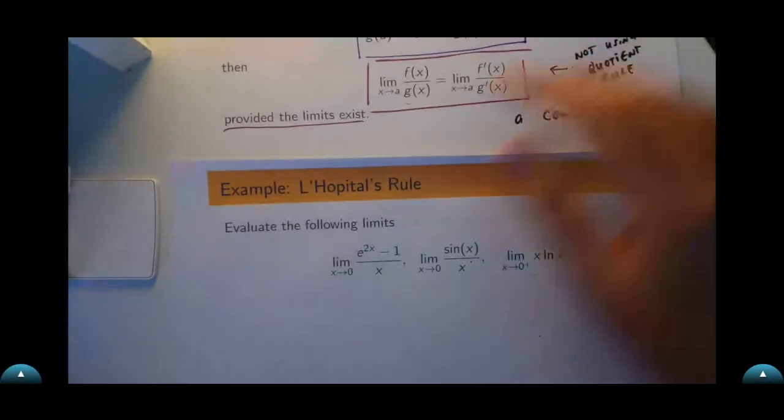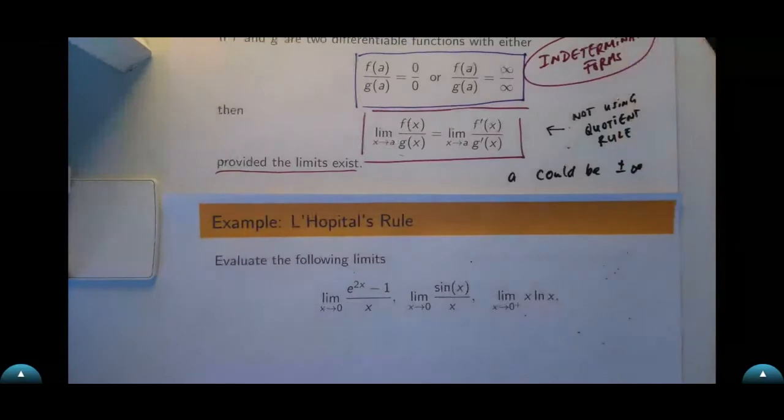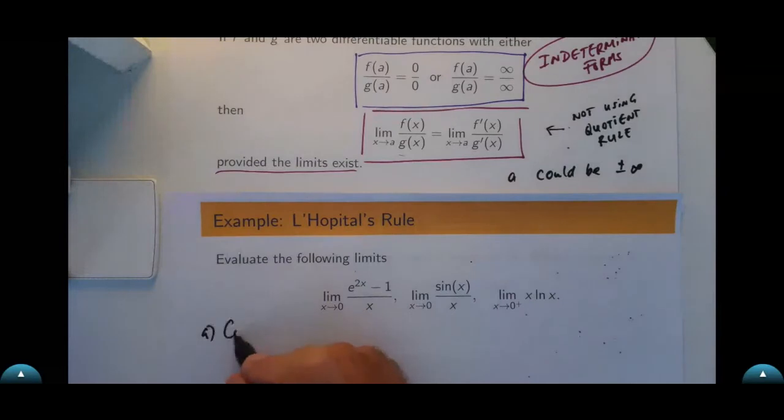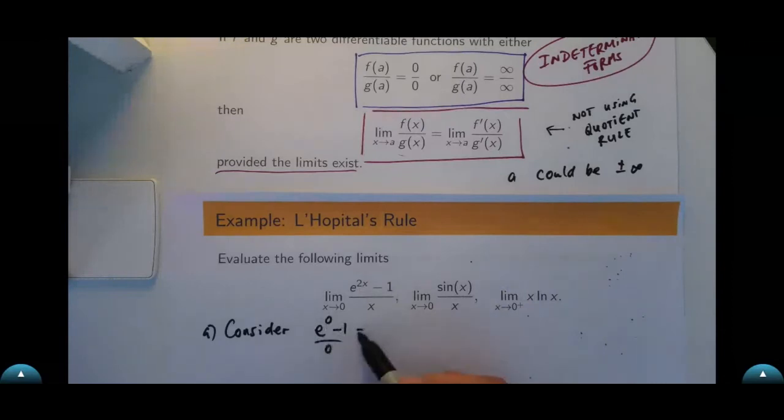Okay, so let me bring this in, and we can see how this works. All right. So the first thing is, well, okay, let's have a look at this function first. If we put in the value, so x equals 0 in here and here, we'll get 0 over 0.